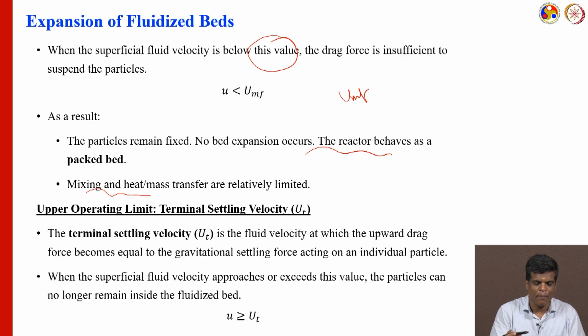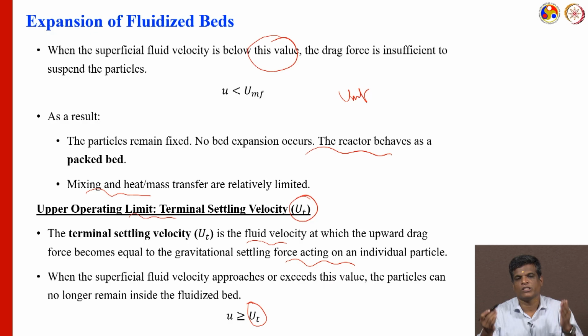Now, what about the upper operating limit? For the upper operating limit, we have the terminal settling velocity, called UT. This is the fluid velocity at which the upward drag force becomes equal to the gravitational settling force acting on an individual particle. If we increase the velocity to UT or beyond, the particles no longer remain in the fluidized bed.